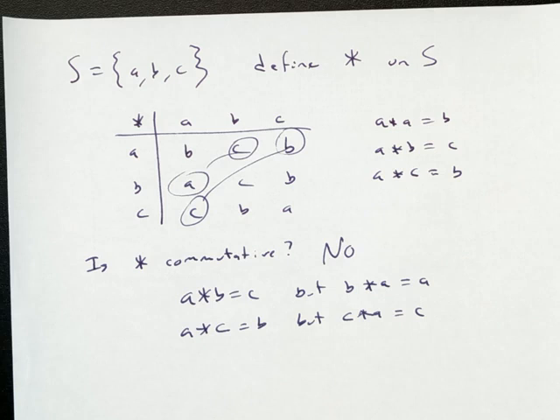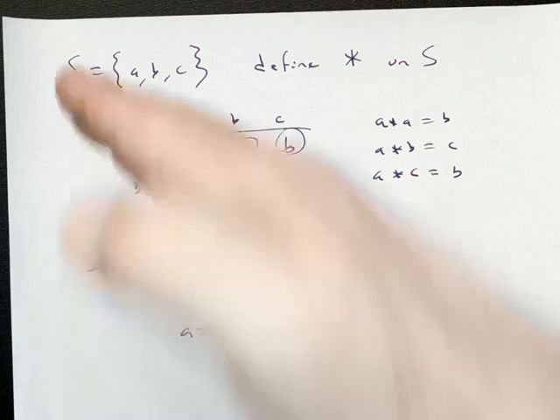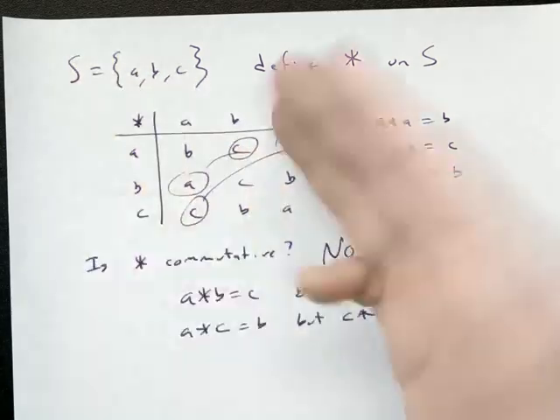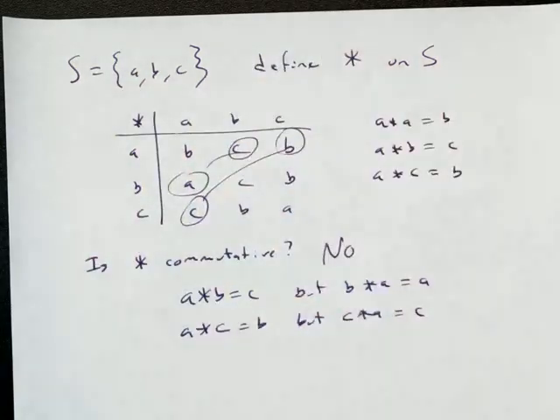Working from a table to determine associativity is very difficult. Working from a table to determine commutativity is as easy as folding the table diagonally. If my table has symmetry across that diagonal, then it's commutative.